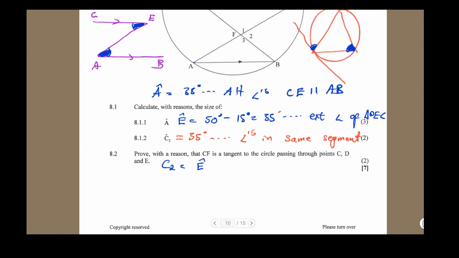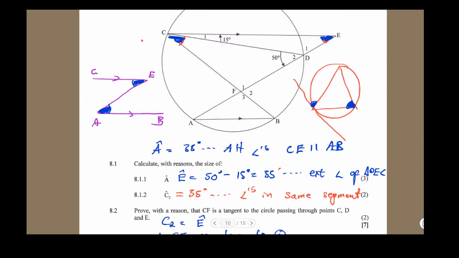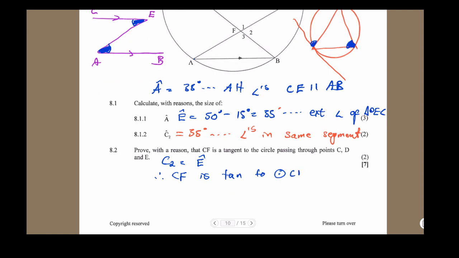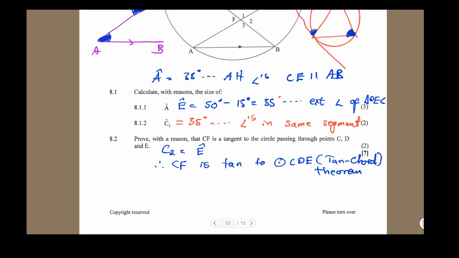So therefore CF is a tangent to the circle that passes through CDE, using the tan-chord theorem. These are the things, and then you collect your 7 marks.